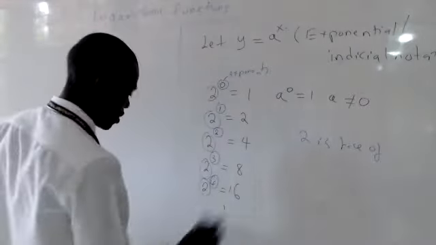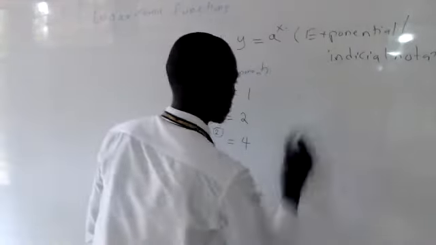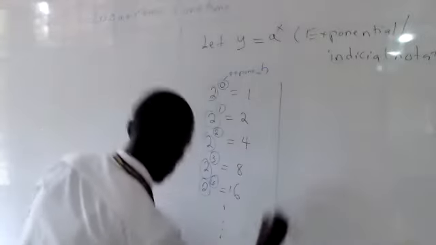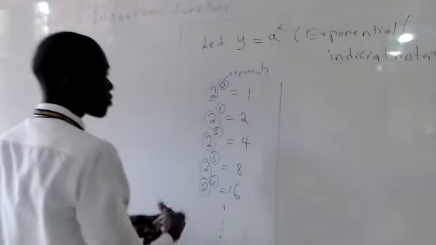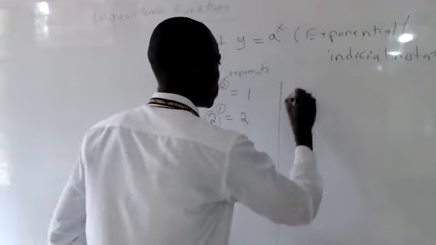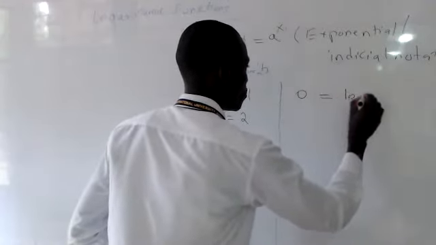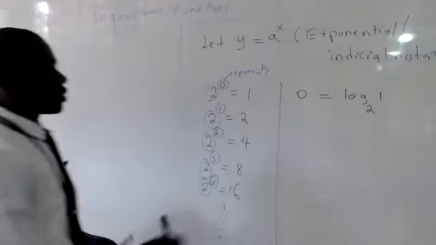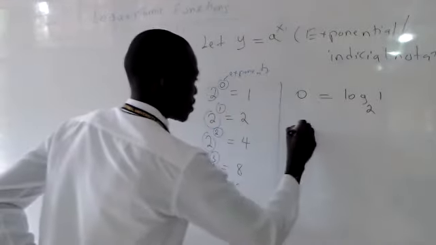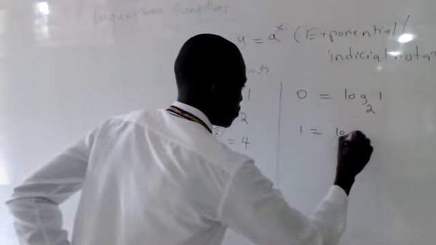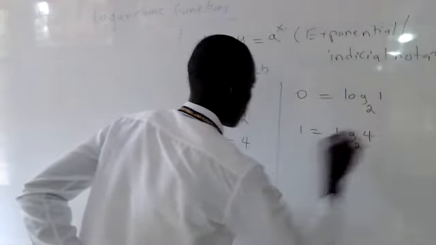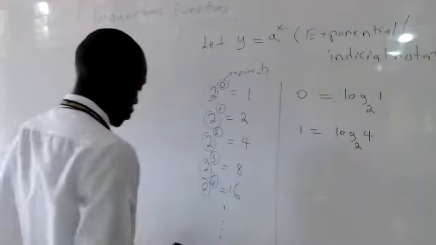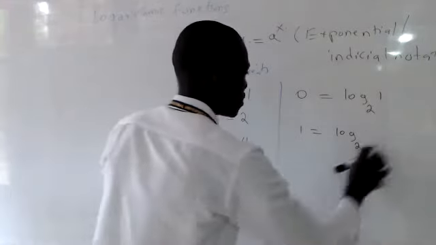So in other words, you can write this on this other side. You can put here that 0 is the logarithm to the base 2 of 1. From here, we can write that 1 is the logarithm to the base 2 of 2, from the second line.